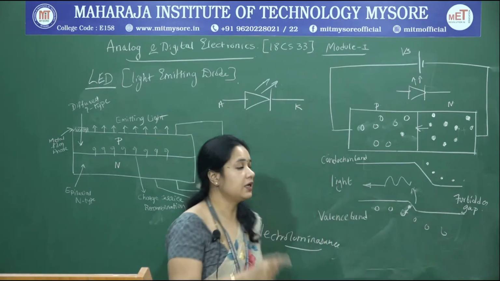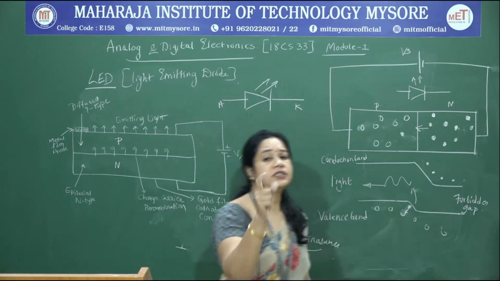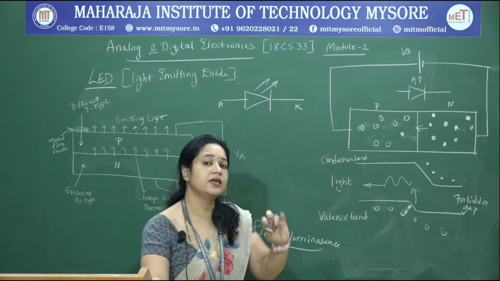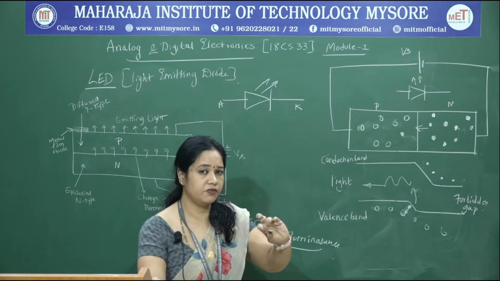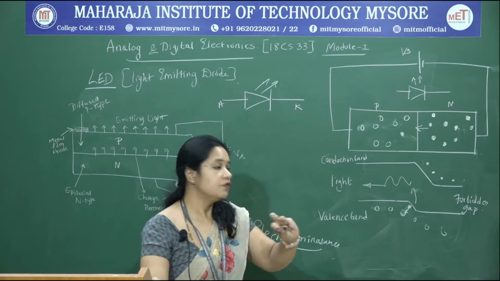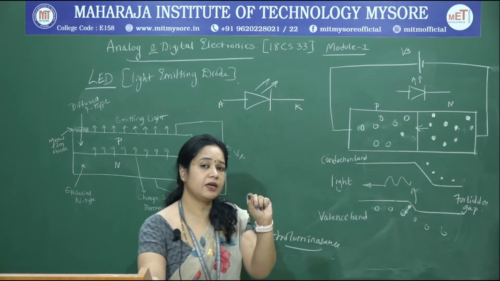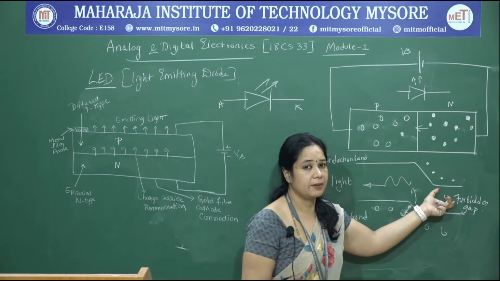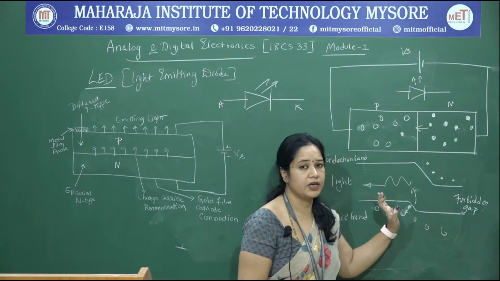This in turn depends on the semiconductor material used for construction. That is where you can see a red LED, a green LED, or different types of light emitting diodes, wherein the color of light emitted depends on the forbidden energy gap. It is directly proportional to this forbidden energy gap.